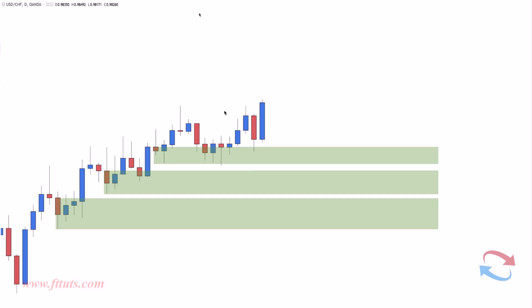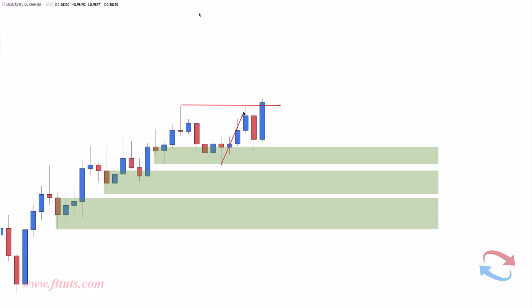But this candle definitely made a new high above even that high. So once this candle makes a new close above, this now is the last bearish candle within the sequence.